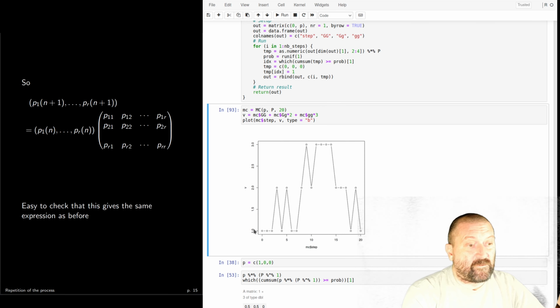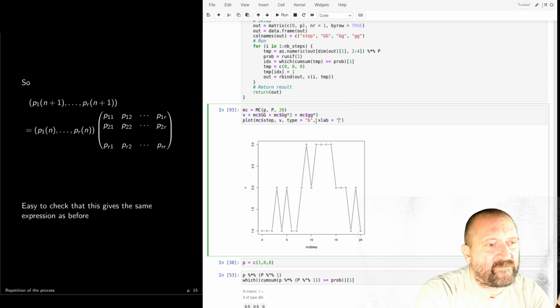So that we can see, I could label them. I'm not going to do so, but I could. Or maybe let's be precise. Let's say that xlab is time step, and ylab is position, state.